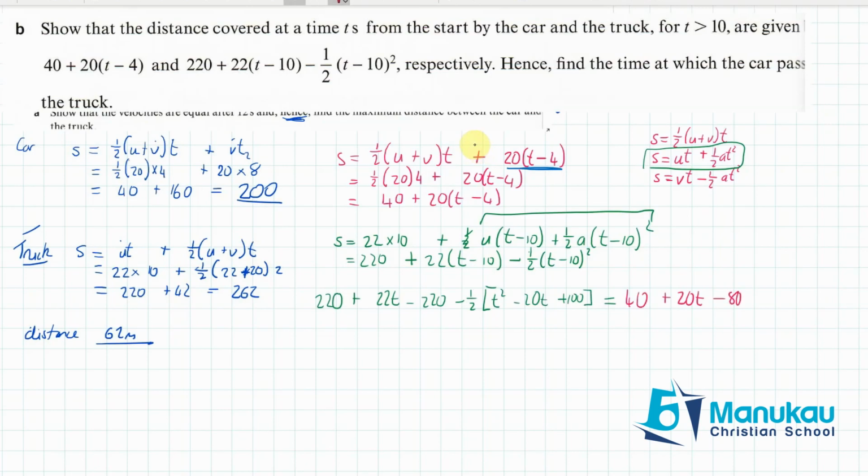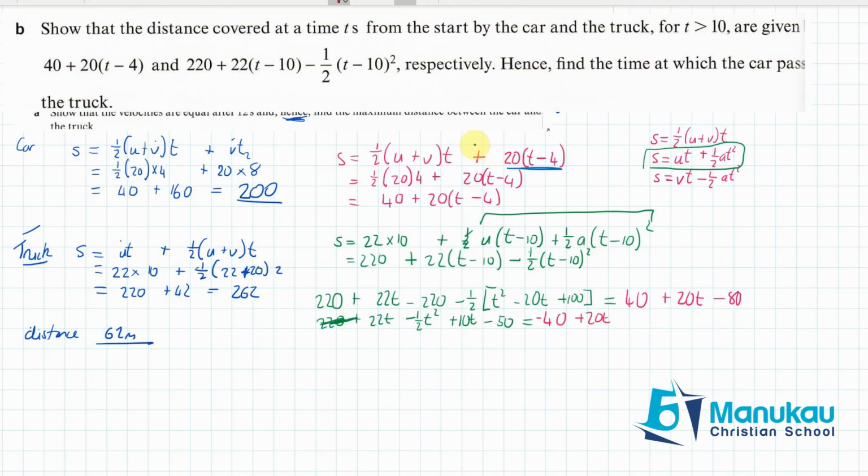Okay, let's have a look what we get here. We're going to get 220 plus 22t. Oh, look, this is going to cancel out with this 220 here. So 22t minus 1/2 t squared plus 10t minus 50 equals, and then I got 40 minus 80, which is minus 40, plus 20t.